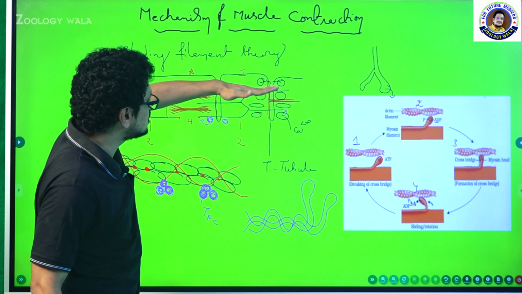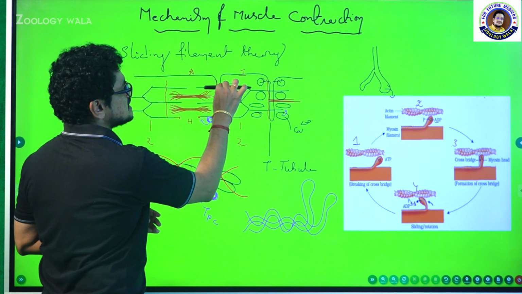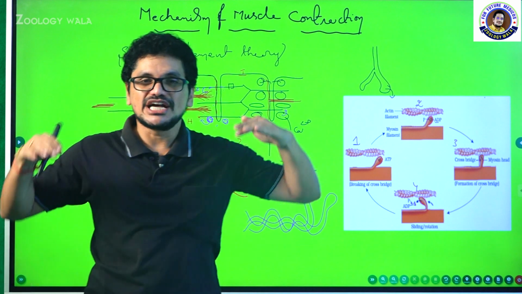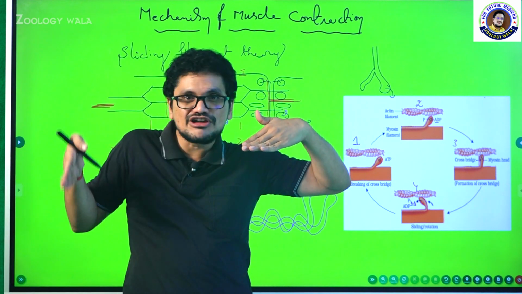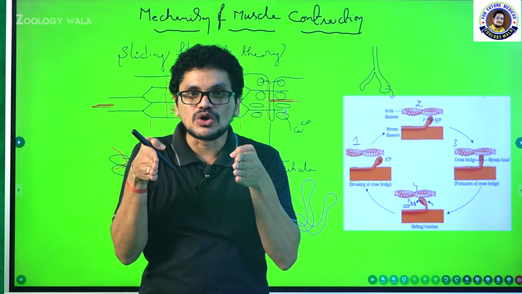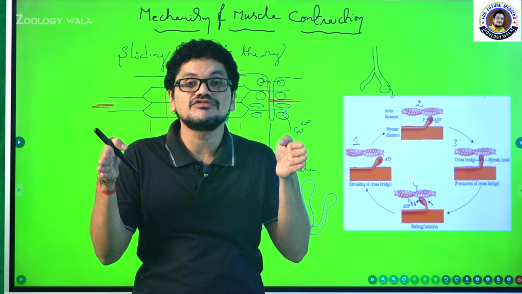So if you observe, this is the thin filament, and now see the thin filament here. Previously it is like here, but now it will move towards the H zone. That's the reason why the thin filaments are moving like this. Obviously thin filaments are attached to the Z line. So Z lines also will come closer, causing the reduction in the size of the sarcomere.